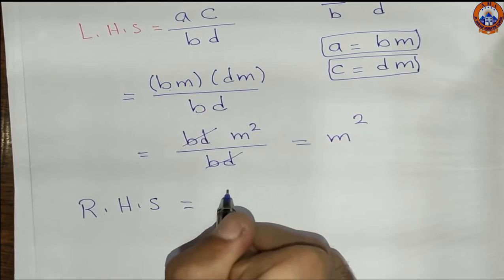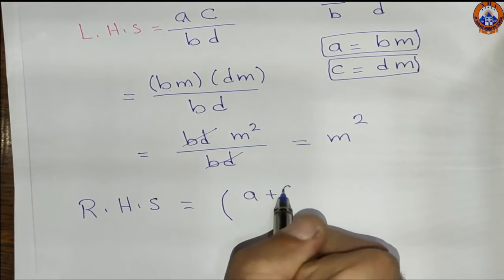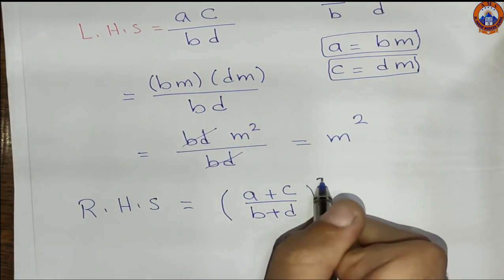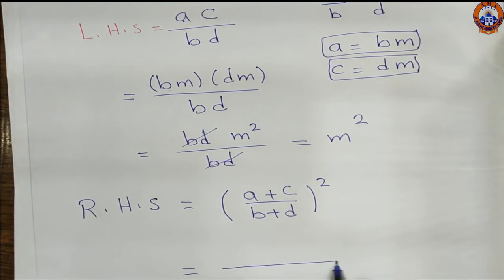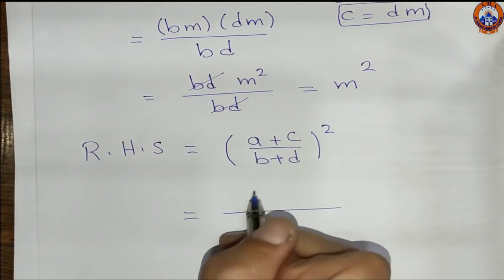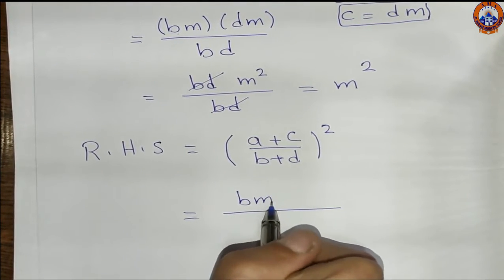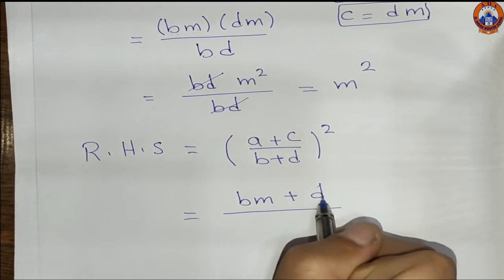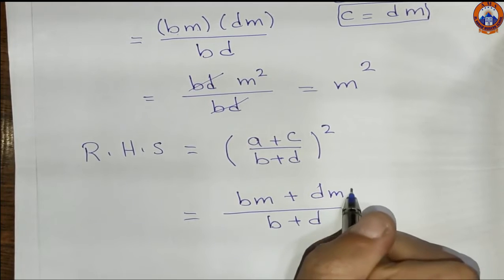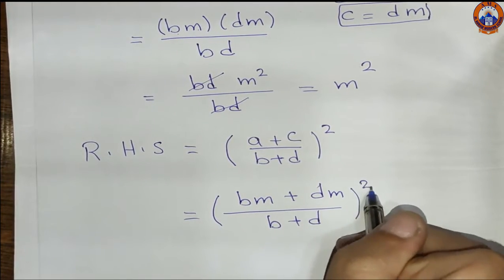which equals A plus C over B plus D, all squared. And this is equal to: we're going to change A with BM plus C, which is DM, over B plus D, and all of this is squared.